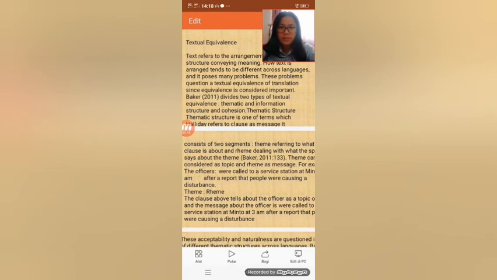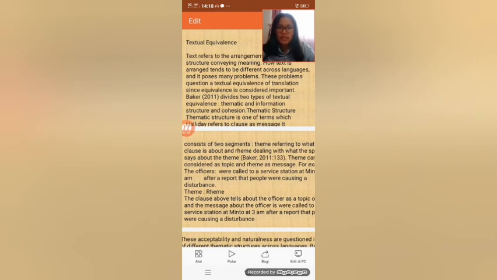These problems question textual equivalence. In this slide, Baker 201 makes two types of textual structures. 1.